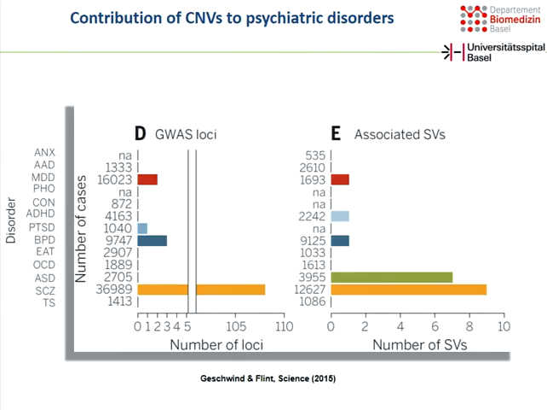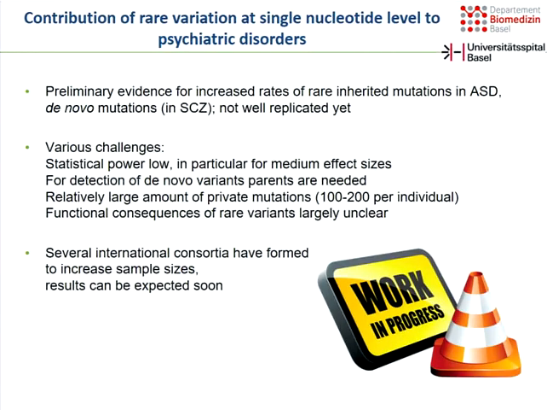Maybe for bipolar disorder, we also have large sample sizes, and there we see the effect of structural variation is not as large, obviously, as in schizophrenia or in autism. But for other diseases, we cannot tell at the moment because sample sizes are still too small. But it looks as if there are differences in the contribution of CNVs to different psychiatric disorders.